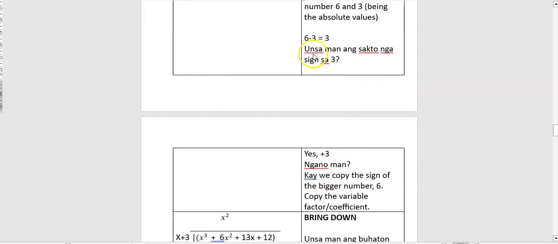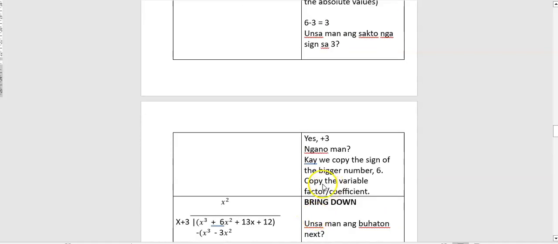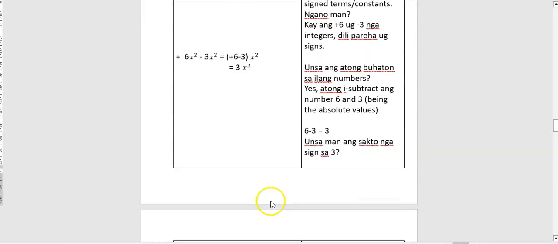Okay, so kung human og subtract sa numbers, kopyahon ang sign sa bigger number 6. And then, copy the variable factor x squared. Again, positive 6x squared, negative 3x squared. First step, add the number part. So, positive 6, negative 3 is equal to 3. And then, copy the variable part, x squared.